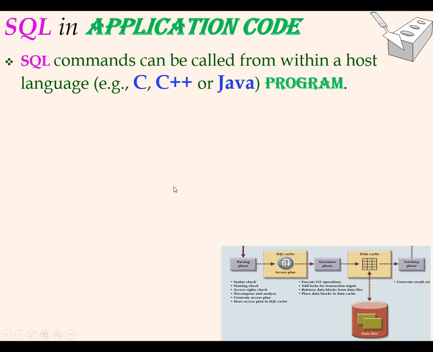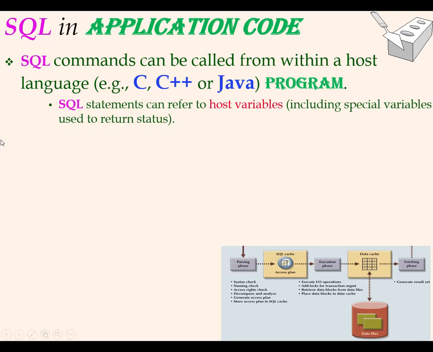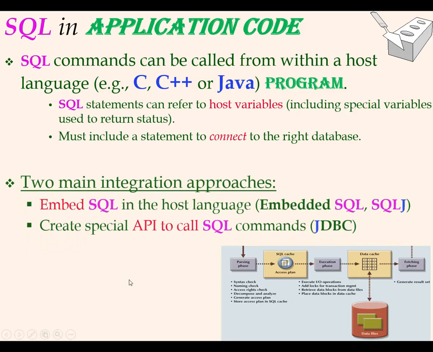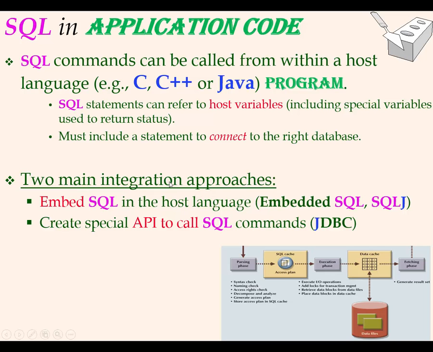Okay, so let's look at SQL in application code. Application code can be C, C++, or Java, and you want to either embed SQL or have an API that eventually will invoke SQL statements. Now, you have the host language variables, like C, C++, Java, and then you have the SQL data types. First of all, from the application you need to connect to the database. We'll look at two different approaches.